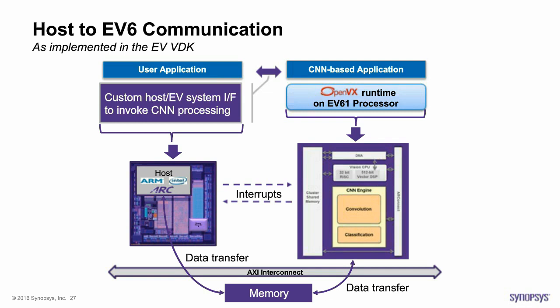And really, the vision processor has been designed in a way that allows you to decide how much control the host is going to have over it, from pretty much complete control to a totally autonomous operation. It's up to you as the user to decide what that is. You can even take the OpenVX runtime and split it, having part of it run on the host, and part of it run on the vision CPU, or run on the host, maybe on a GPU, and on the vision CPU.